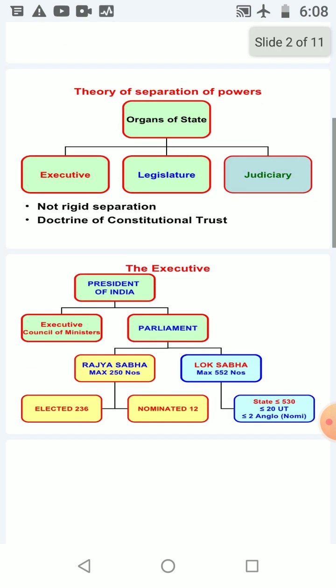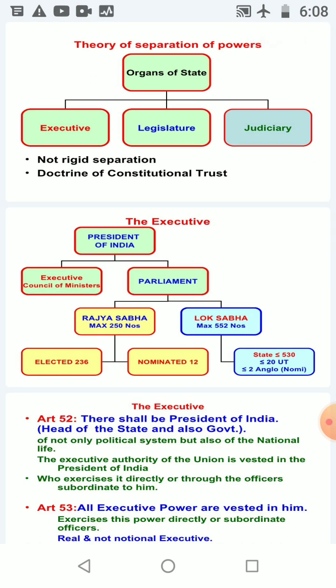Now come to the next slide. See this flow chart. This is the concept map chart of the executive. According to this system, the president is the nominal head of the state and the prime minister and council of ministers run the government at the national level.